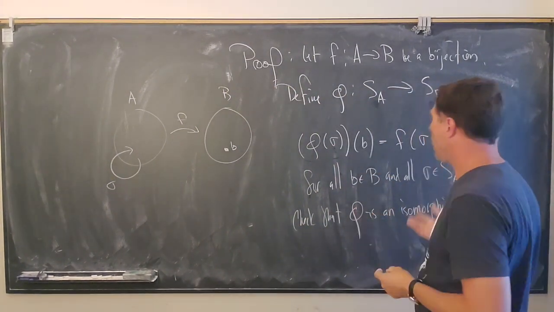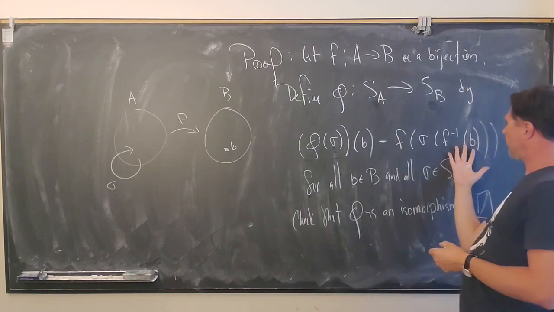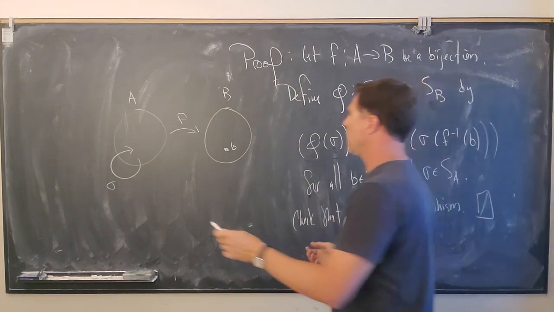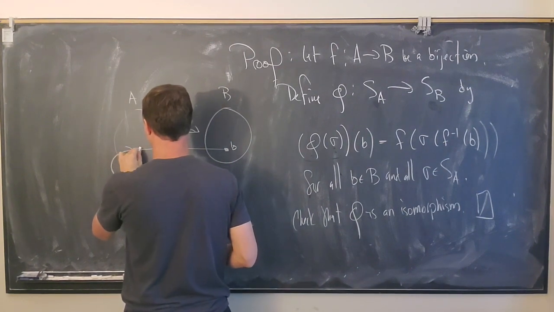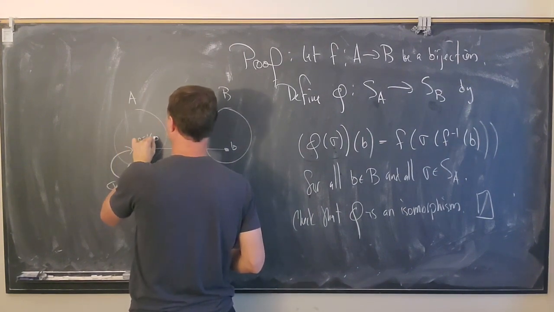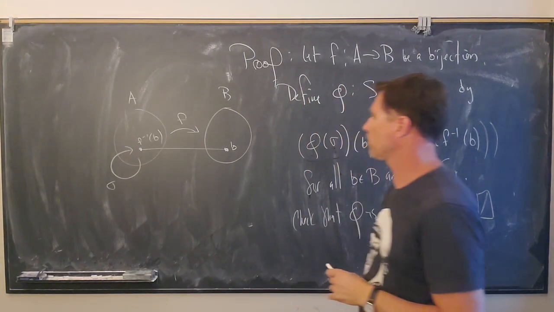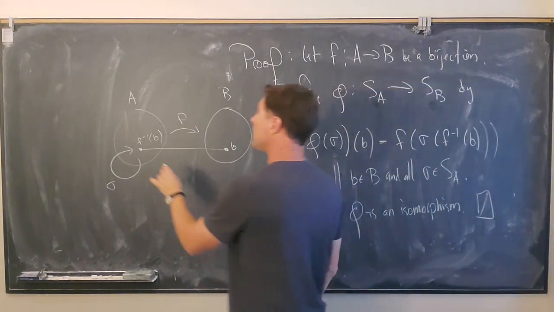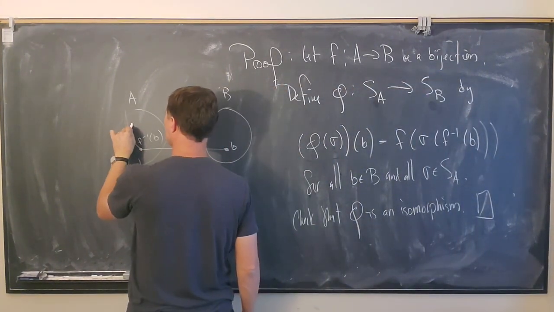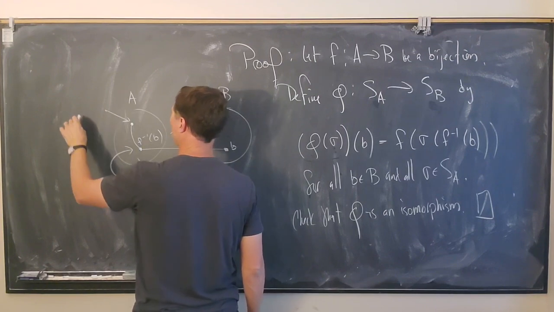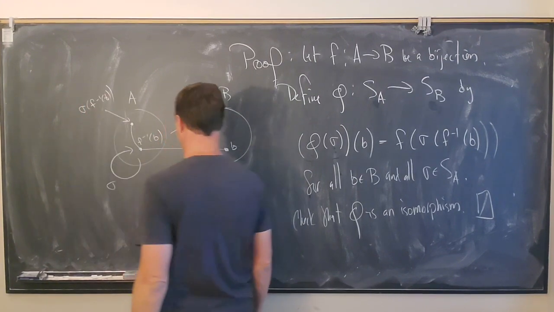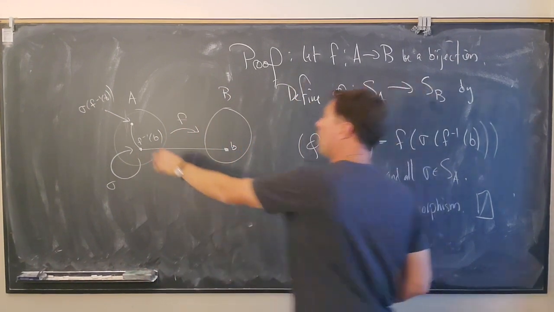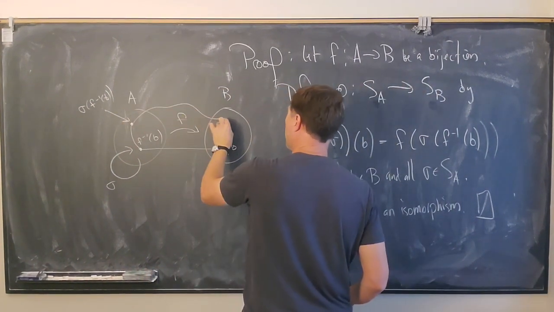To do that, notice the formula, we have F inverse of B. So that says pull back into A, apply sigma. So that element right there will be sigma of F inverse of B. And now put it back.